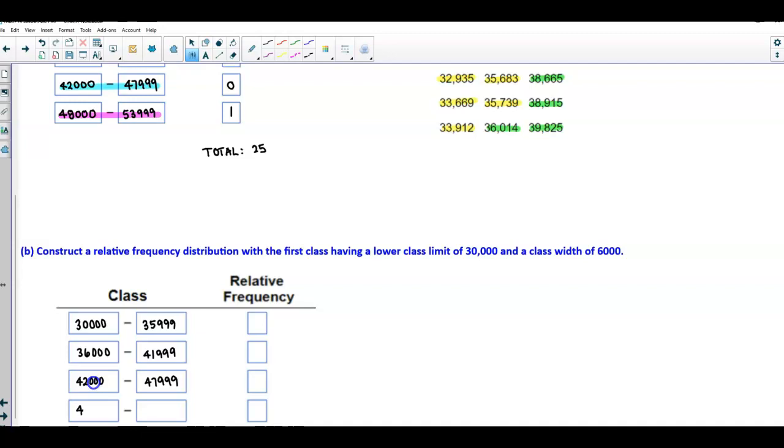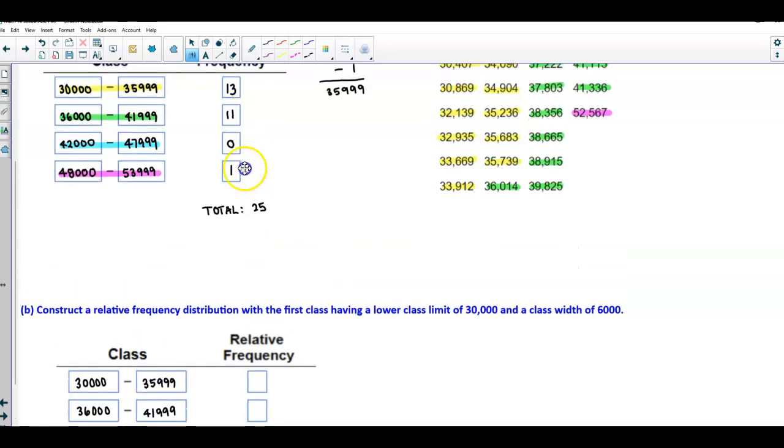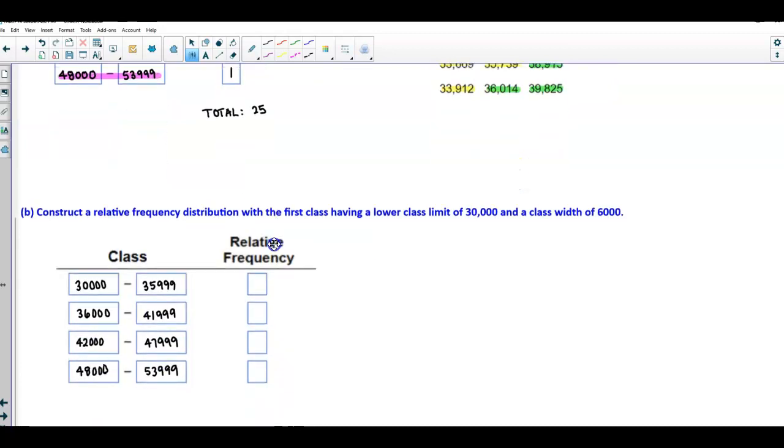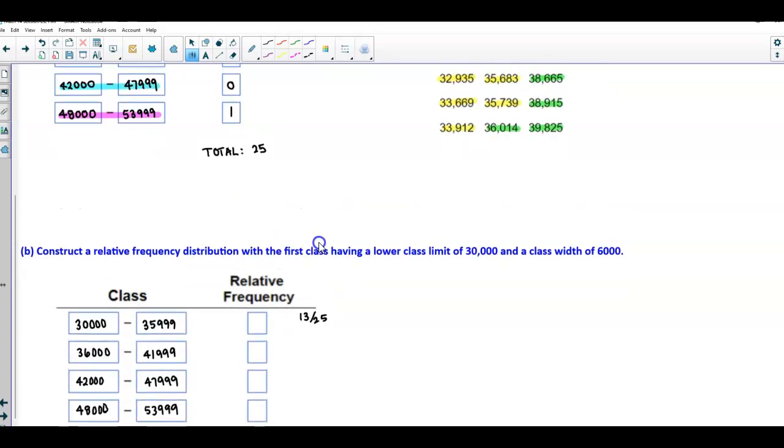And the fourth class is 48,000 to 53,999. Now remember, the relative frequency is taking the frequency and dividing it by the total. So we have 13 divided by 25, 11 divided by 25, 0 divided by 25, and 1 divided by 25.